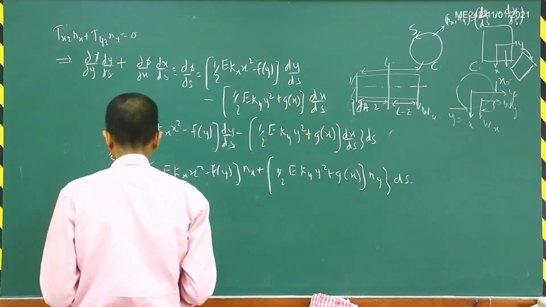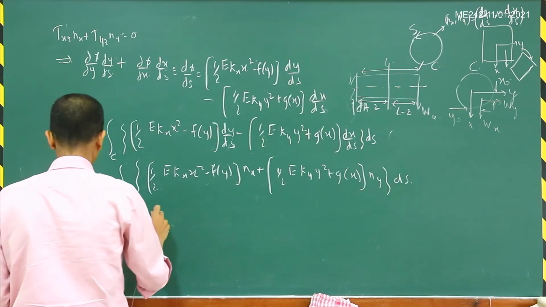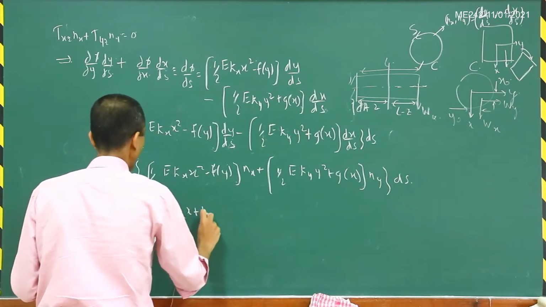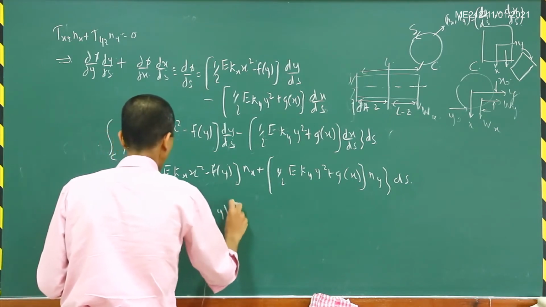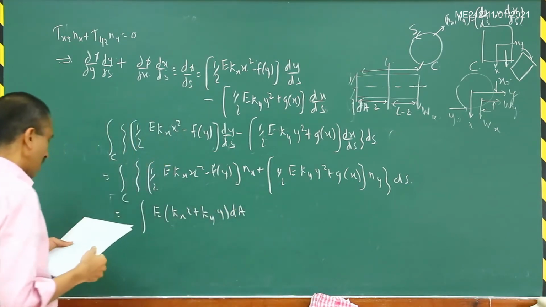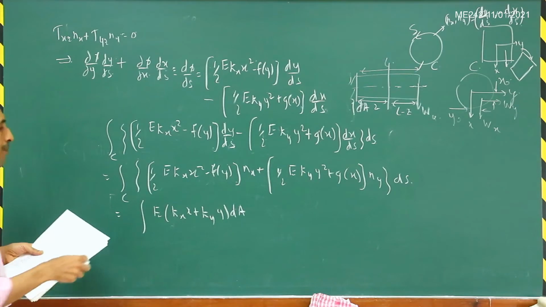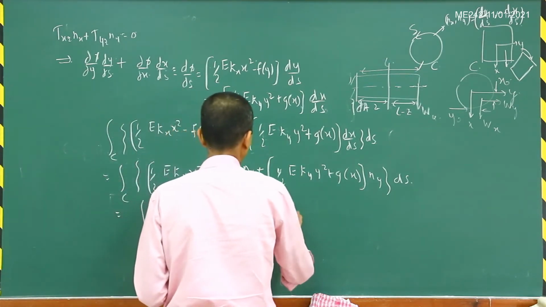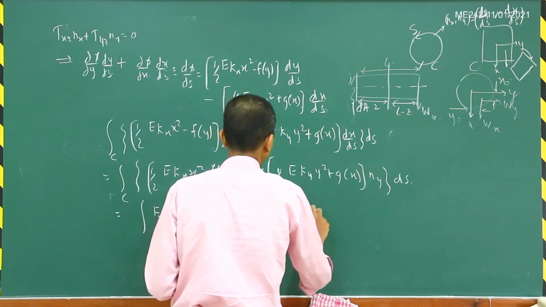And so this is equal to the integral of E times (κx x + κy y) dA. This is obtained by using the divergence theorem here.